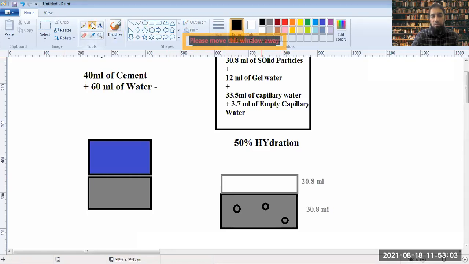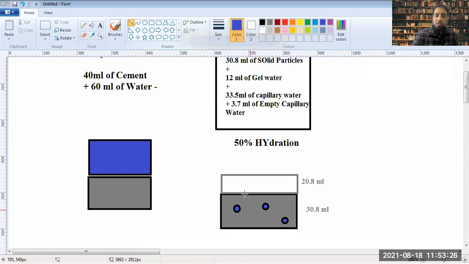These pores are very small in size, in terms of nanometers. So within those gel pores, you would have gel water in between them. So that water has not combined with the cement. Apart from that, there is 33.5% of the capillary water.